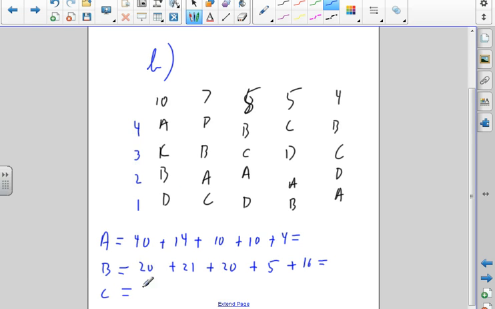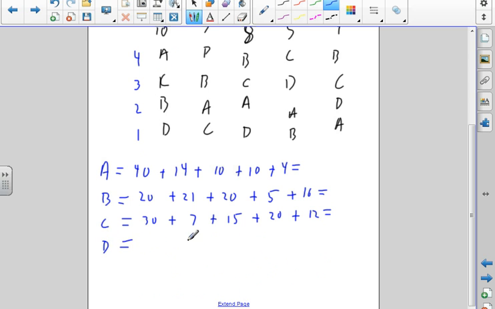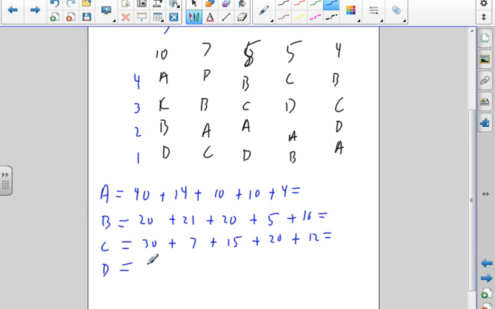And C is going to get 30 plus 7 plus 15 plus 20 plus 12. And D is going to get 10 plus 28 plus 5 plus 15 plus 8.